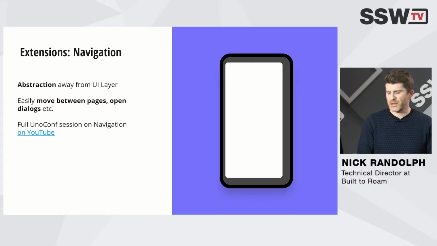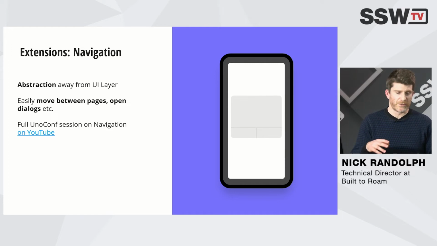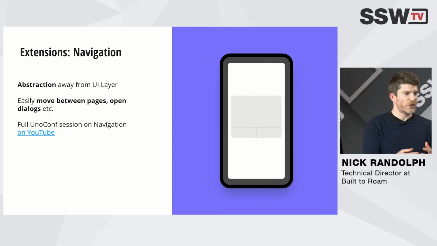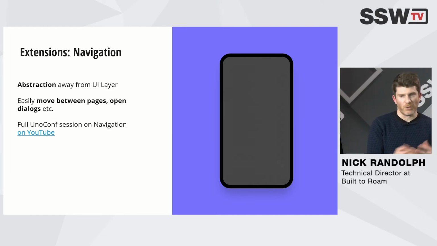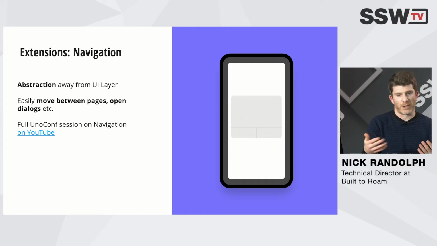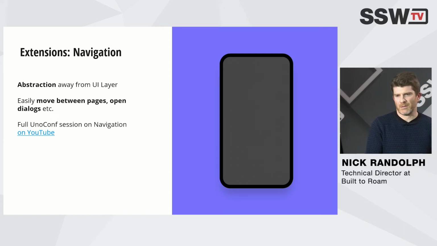Two of the main extensions that are worth noting are the ones for navigation. Okay, so the built-in navigation mechanism for UWP and Uno applications is the ability to navigate from one page to another. Okay, so it's typically a frame-based navigation. But most applications are more complicated than that. A lot of applications will use a navigation view, like a pop-out menu from the side that allows you to change the page that's in focus.